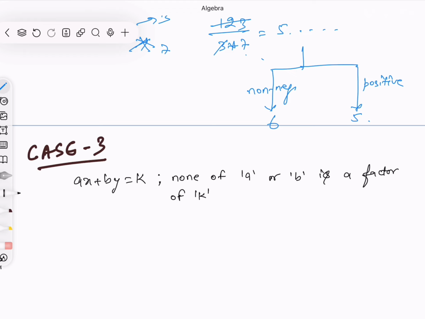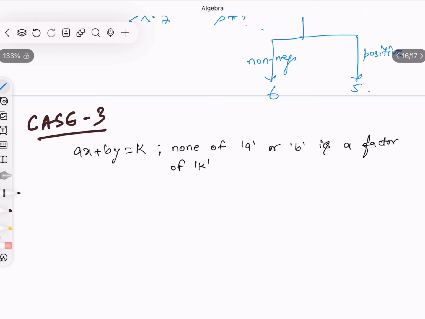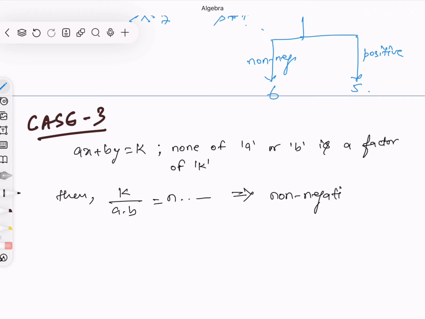It's a simple one. Then k upon a multiplied by b equals n point something. This will have non-negative or positive solutions equal to what? n or n plus 1. This is uncertain. It could be either of them.